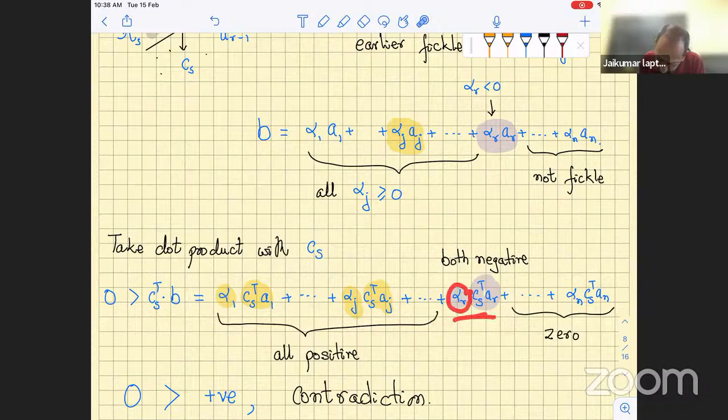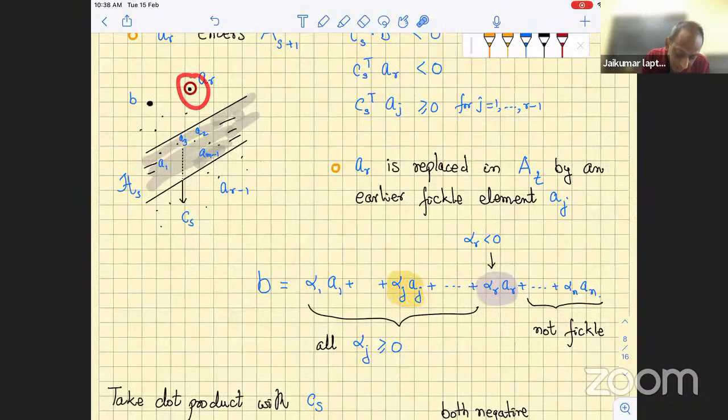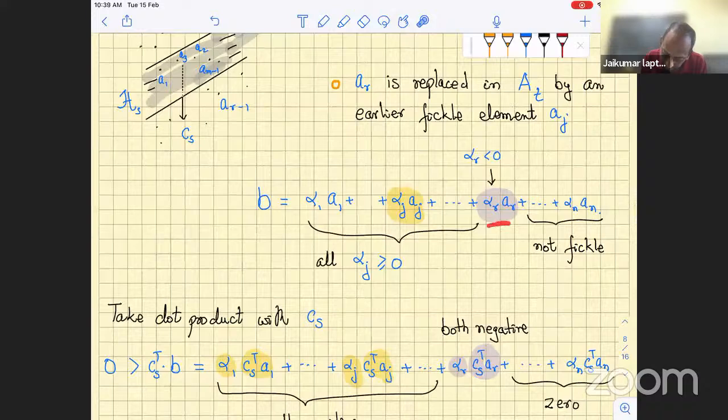This alpha was negative. That's why it left the basis. And this was negative. That's why it entered the basis at time S. At time T, it left the basis because the coefficient was negative.